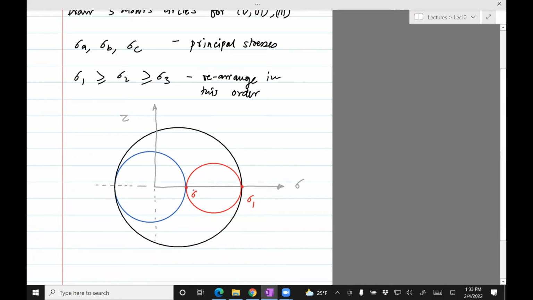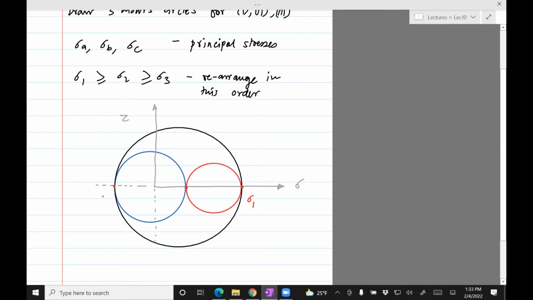This would be the second one, sigma 2 and sigma. Yeah, I just messed the figure up.